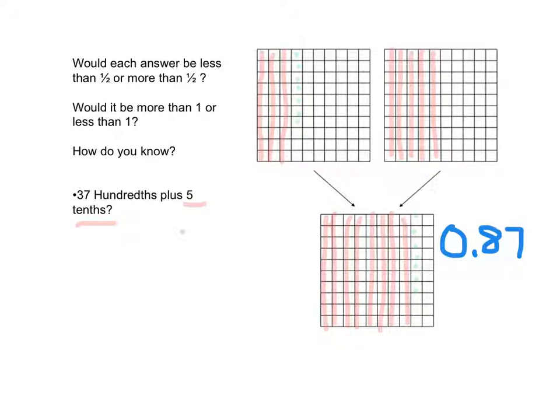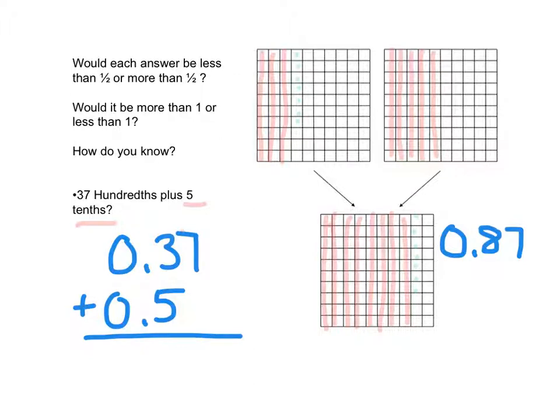If we start to use symbols, what we're looking at happening is we have 0 and 37 hundredths, and we're adding 5/10. Now I know that some of you know that we line up the decimal points, and the reason we do that relates back to our fractions. We have to add numbers with common denominators.